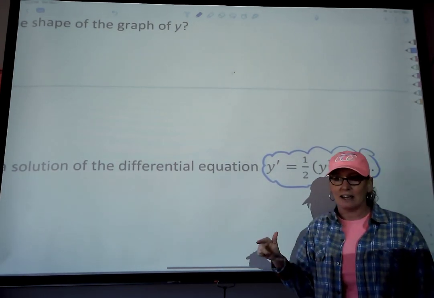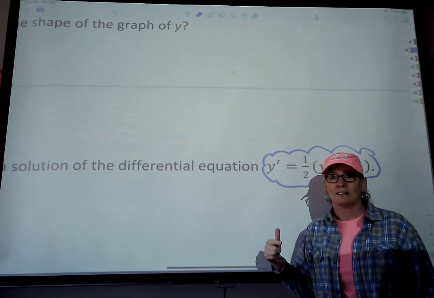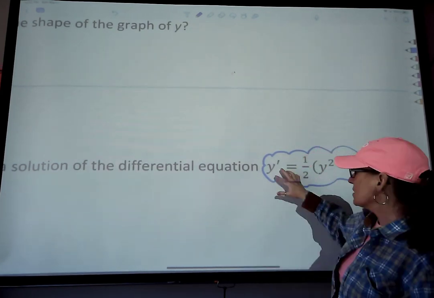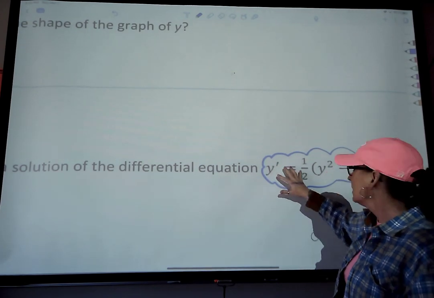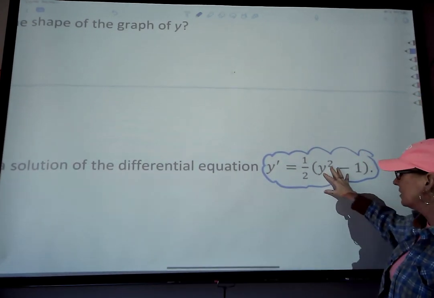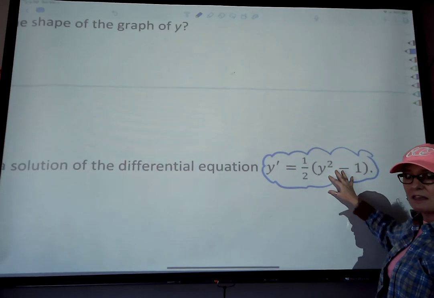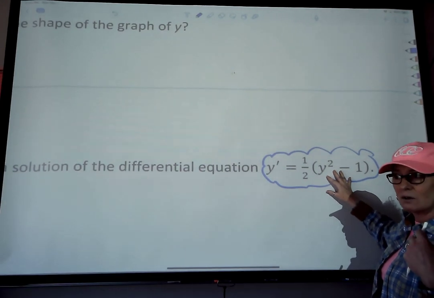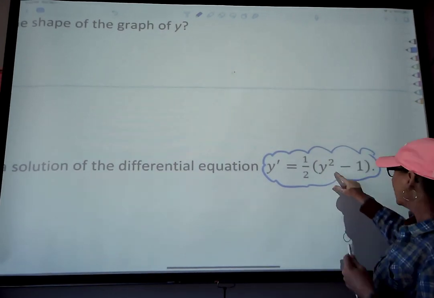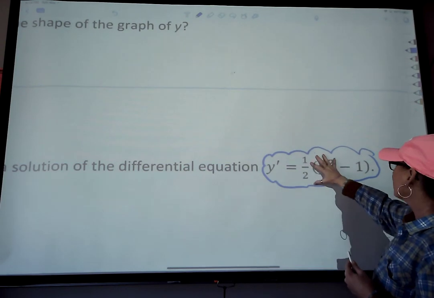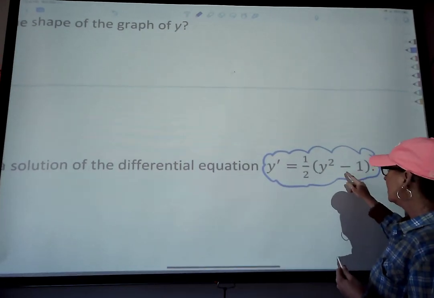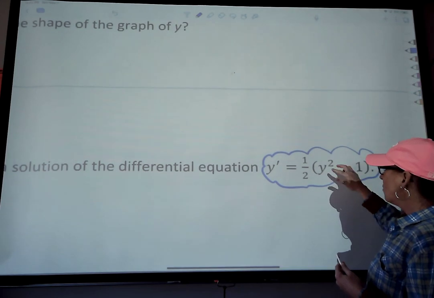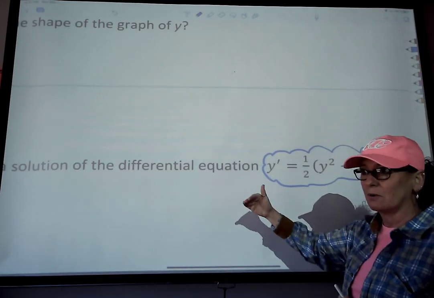I can say that the slope of y is positive everywhere that, let's see, how do I say this? This is positive everywhere because y squared minus 1 is always positive unless y is between 0 and 1.